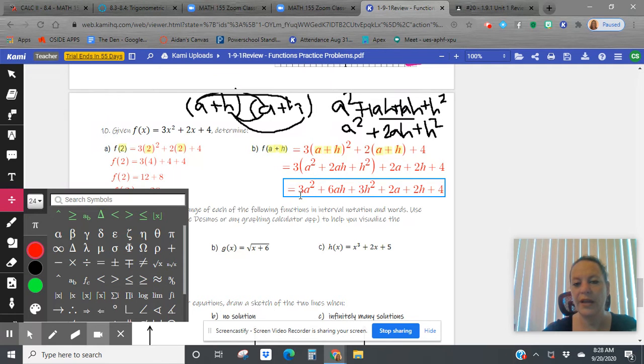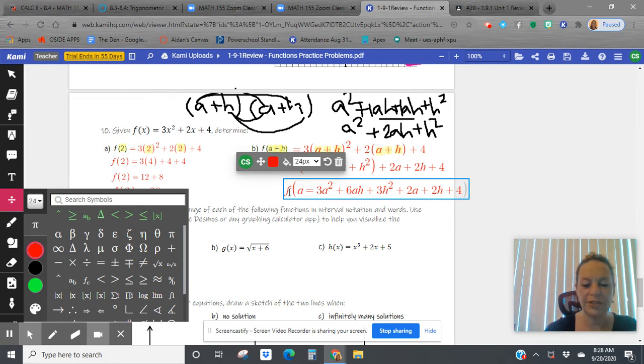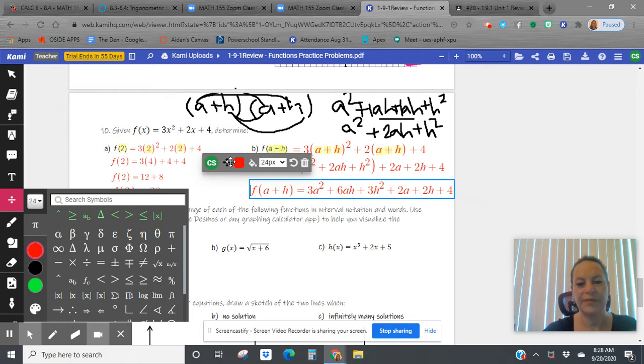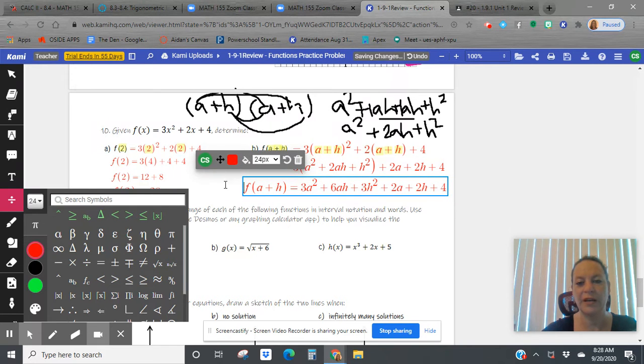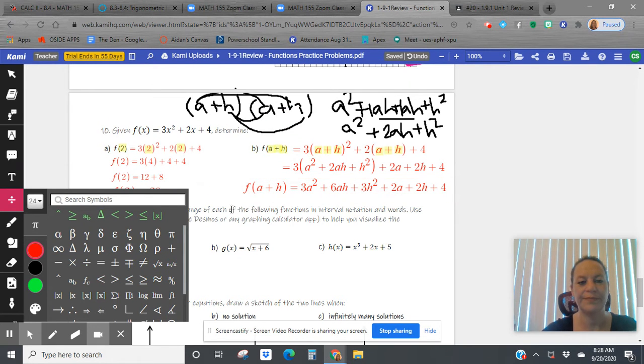Now we're looking, are there any like terms that we need to combine? Here's some a squareds, no other a squareds. Here's some ah's, no other ah's. H squareds, a's, h's, 4's, nope. So my final answer is done. f of a plus h equals all of that. And it's fully simplified because we cannot combine any like terms.